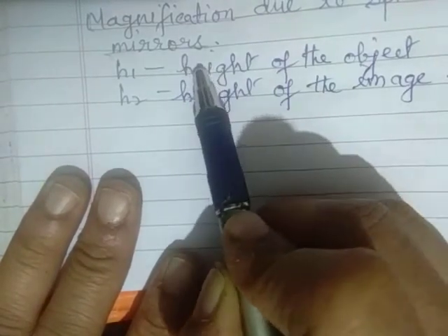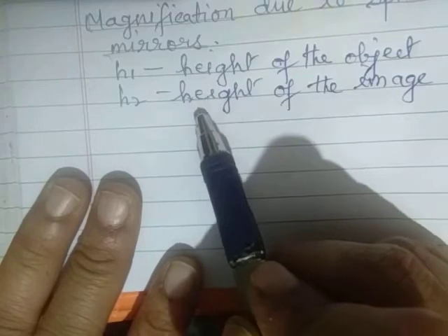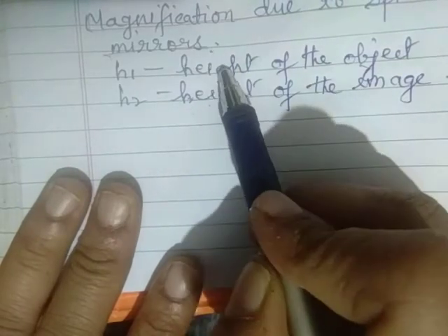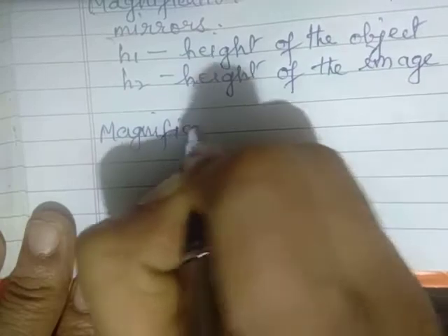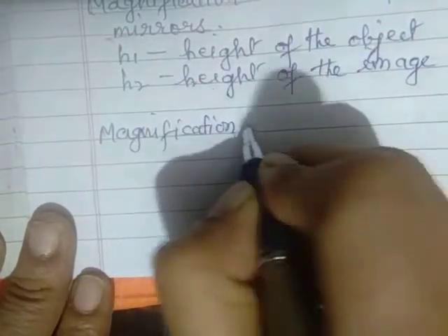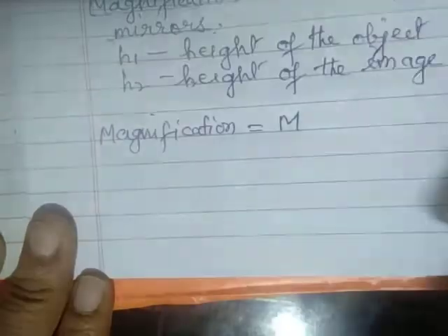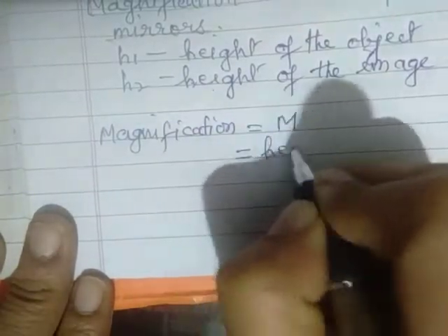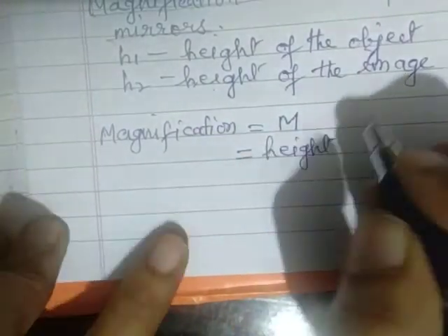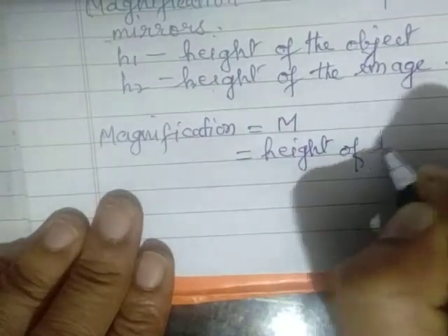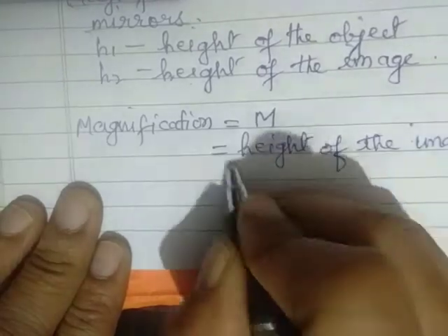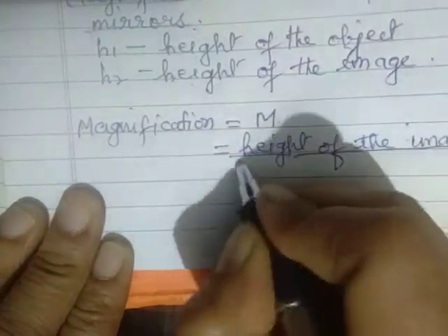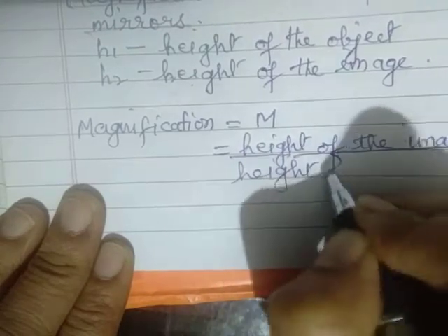Therefore the magnification formula, capital M, is equal to the height of the image to the height of the object.